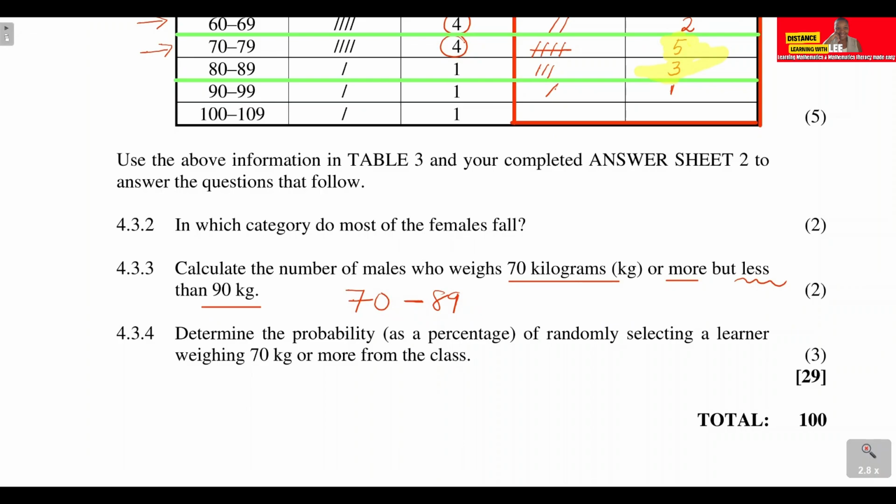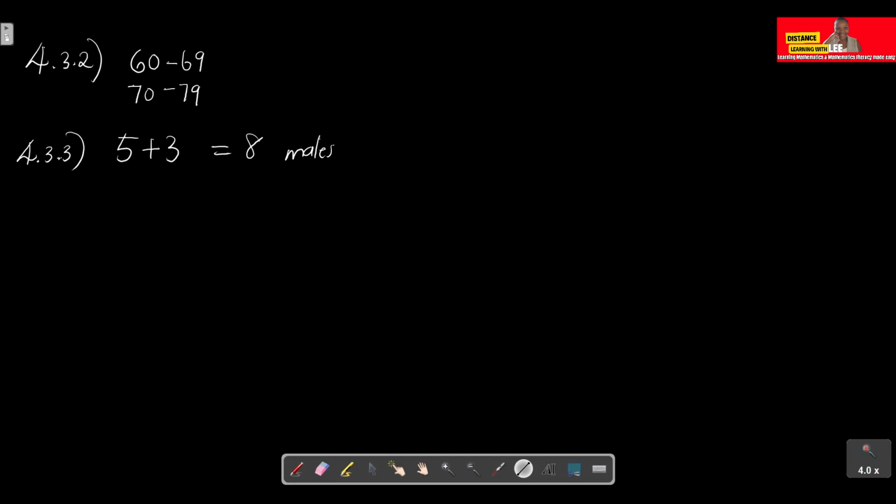It says determine the probability as a percentage of randomly selecting a learner that weighs 70 kg or more from the class. Okay, remember guys, when we're calculating probability, probability is equal to your favorable outcomes divided by your total outcomes.